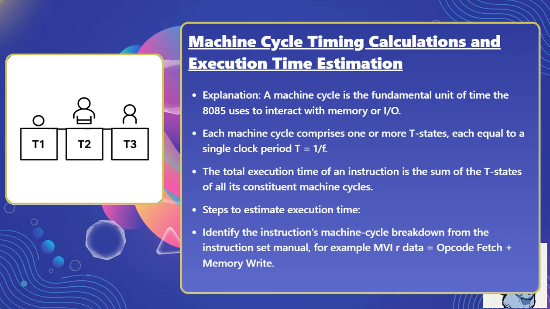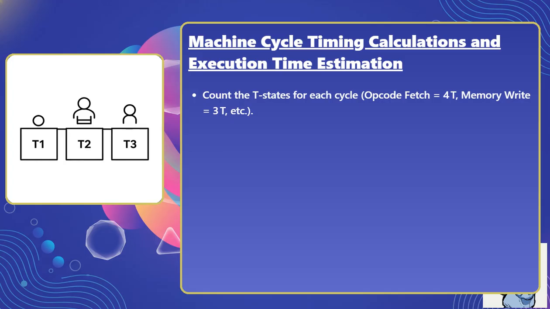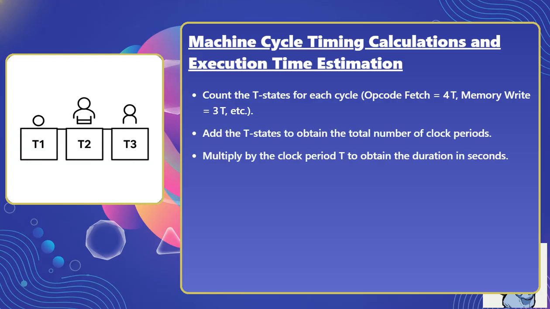Identify the instruction's machine cycle breakdown from the instruction set manual, for example MVI R, data equals opcode fetch plus memory read. Count the T-states for each cycle, opcode fetch equals 4T, memory read equals 3T, etc. Add the T-states to obtain the total number of clock periods. Multiply by the clock period T to obtain the duration in seconds.